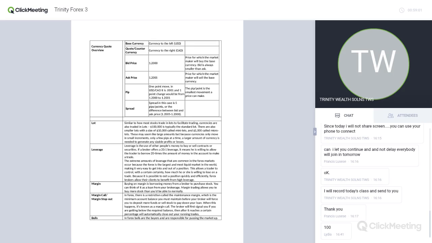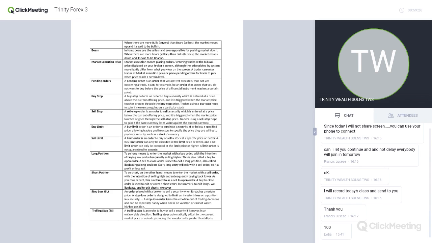Then we talk about the bulls, and in Forex, bulls are the buyers and are responsible for pushing the market up. I'm sure you've listened to the Nairobi Stock Exchange business news on KTN, or whatever the local news, and you hear the bulls did this, the bears did this. So the bulls are the buyers, and the buyers push the market up.